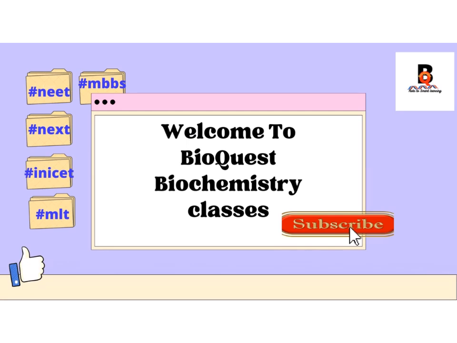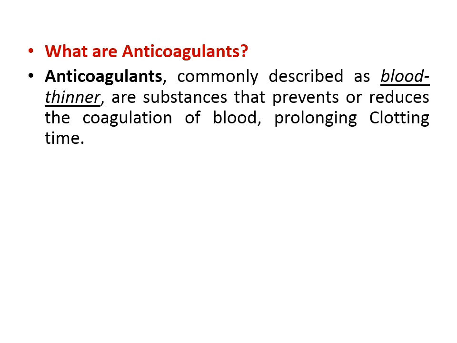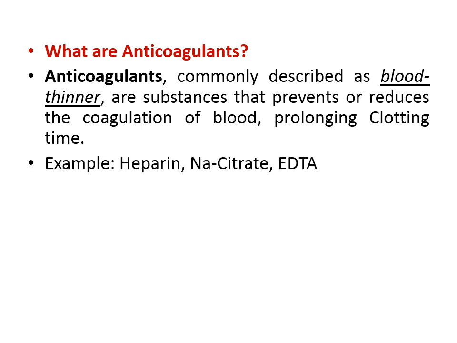Today I am back with a video tutorial on anticoagulants. What are anticoagulants? Anticoagulants, commonly described as blood thinners, are substances that prevent or reduce the coagulation of blood, prolonging clotting time. What are the common examples of anticoagulants?